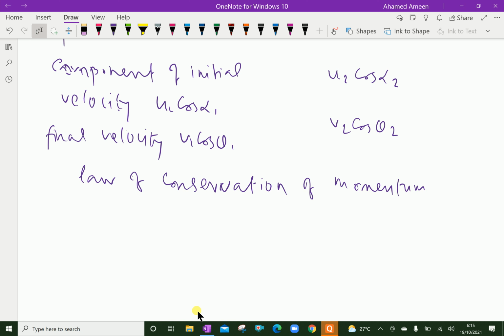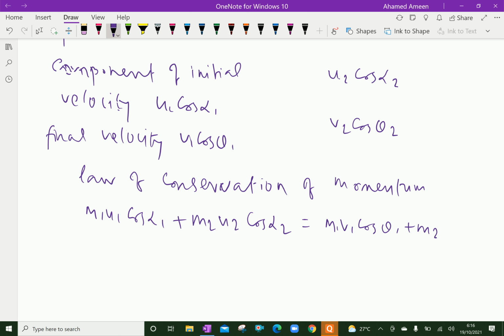That is, m1 u1 cos alpha 1 for the first body plus m2 u2 cos alpha 2 for the second body, which is equal to m1 v1 cos theta 1 plus m2 v2 cos theta 2.